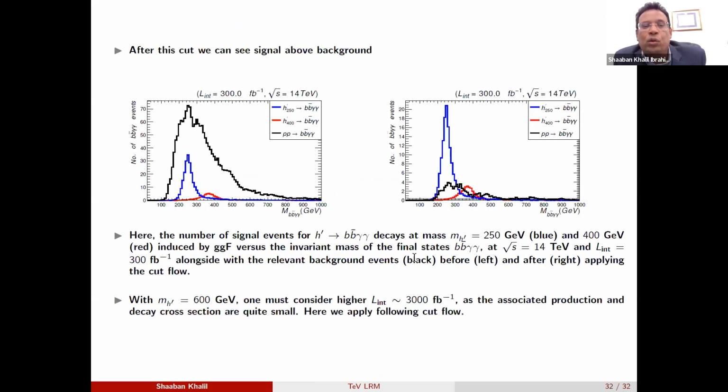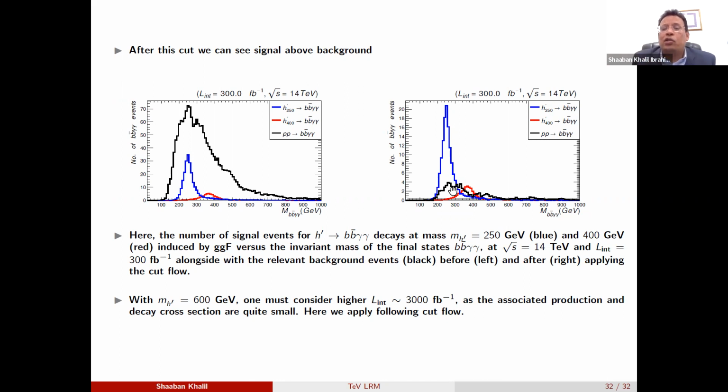However, we managed to use different cuts so that the background, this black curve, which hides the signals for the H prime at 250 and 400 GeV, is suppressed. People who work in experiment or data analysis know that they use some constraints to kill the background and keep the signal surviving. So you see that the signal can now be seen and the background is really suppressed.